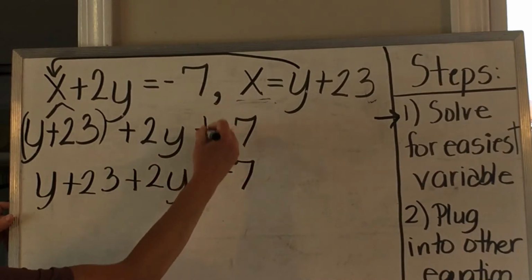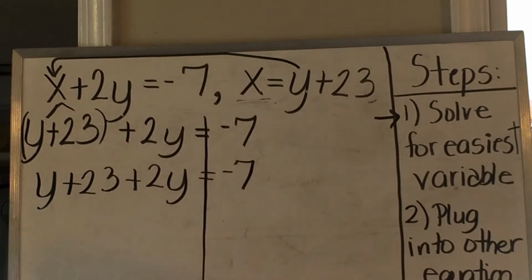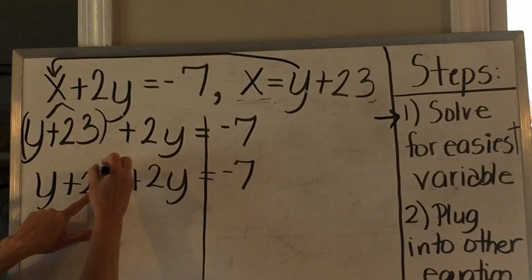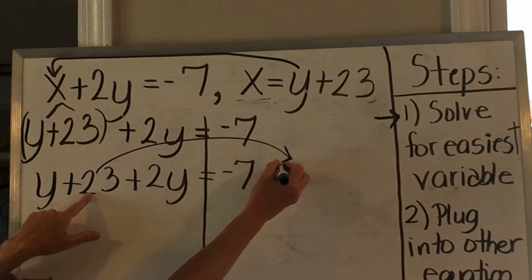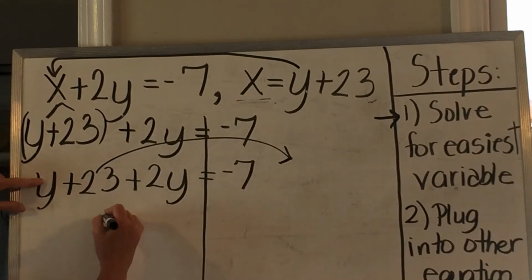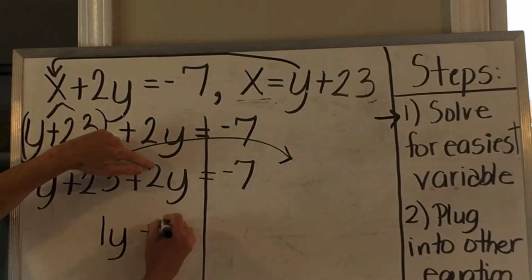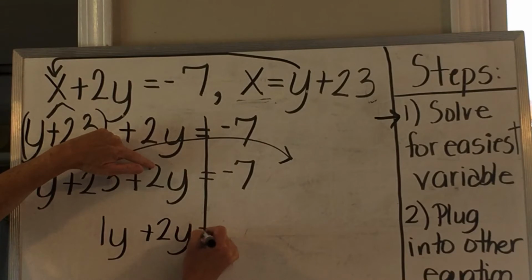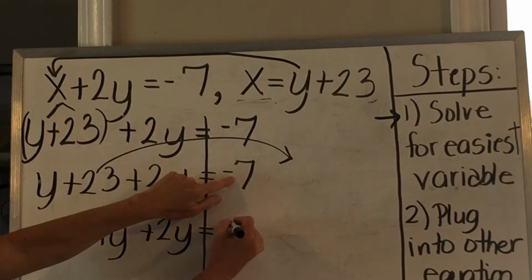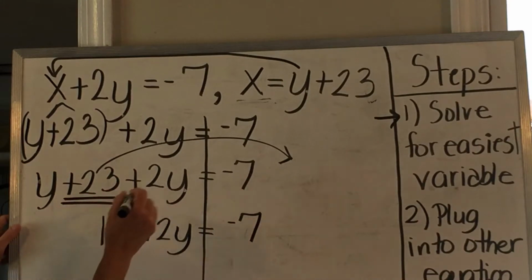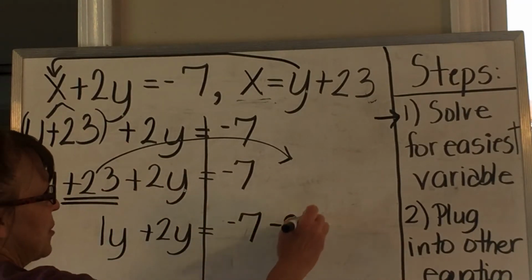You're going to go back to, this is first 9 weeks now. We learned this first 9 weeks. Y's on one side, numbers go to the other side. So I'm going to bring down my 1y, and I'm going to keep my 2y equal -7 is already there, and I'm going to take my plus 23, and it's going to become a minus 23.